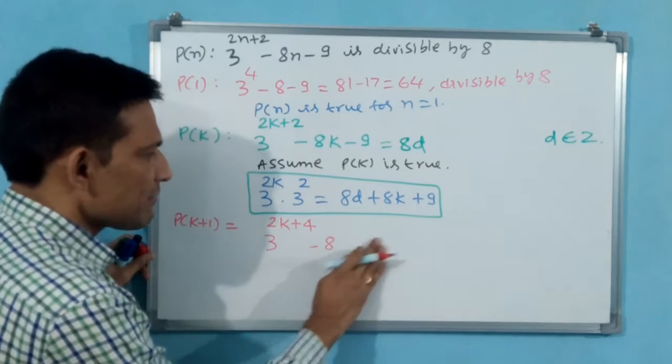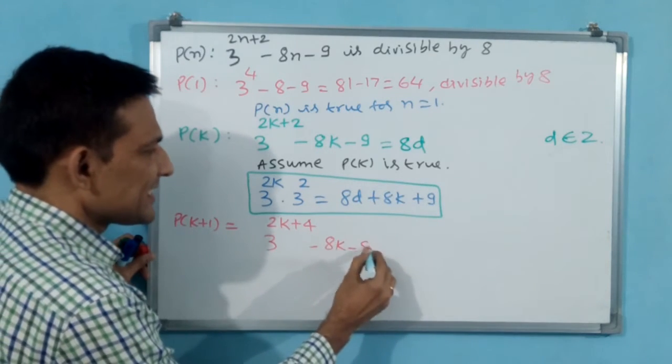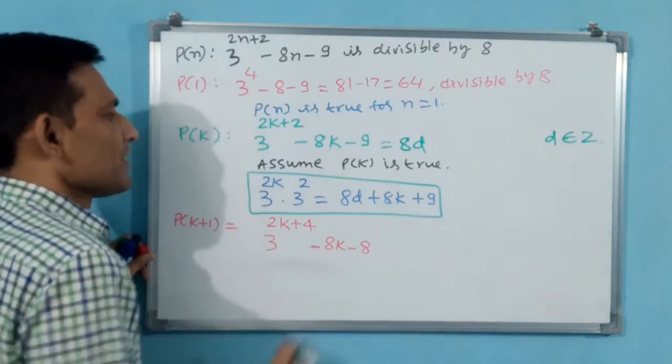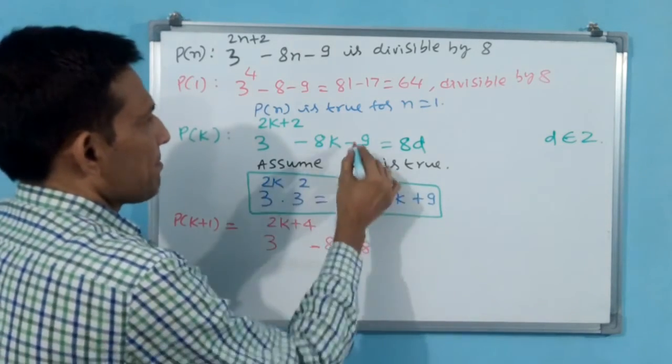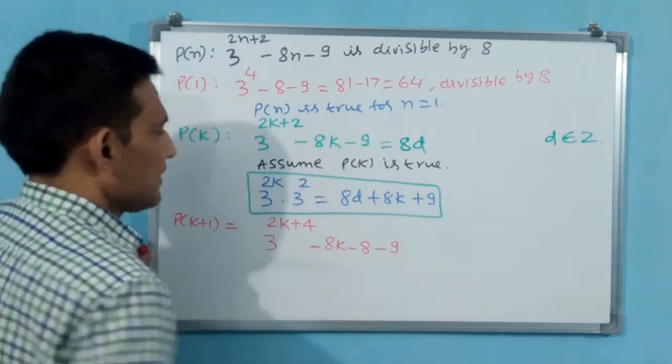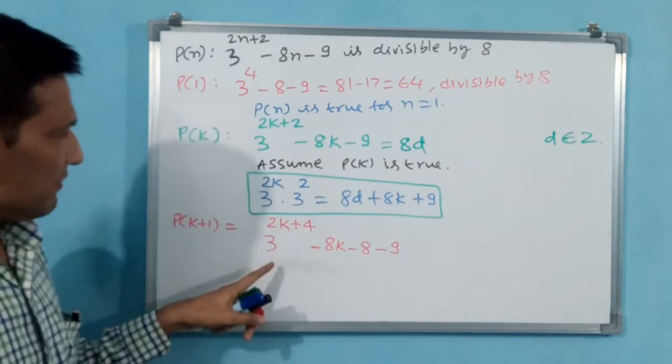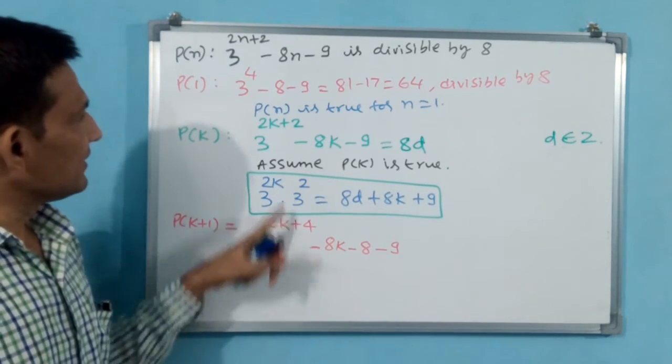You write down minus 8k minus 8. Minus 9. You stop. You see whether we have written correctly or not.